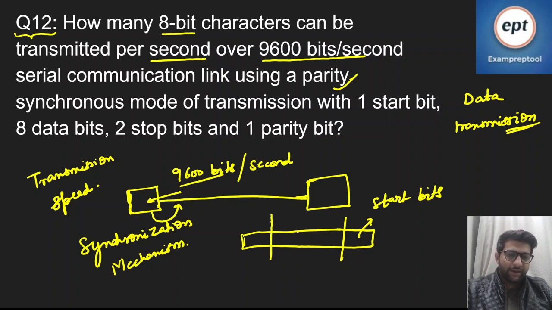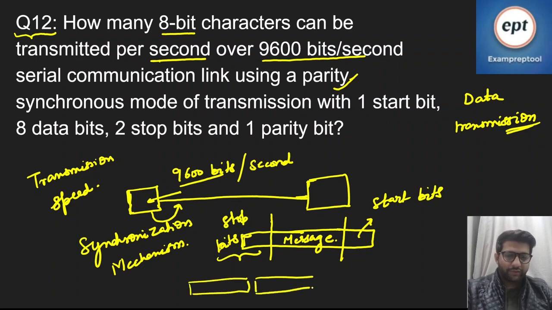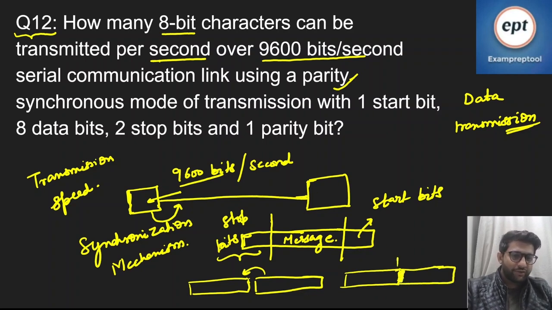After that there will be the message or the character, and after that there will be stop bits. Why stop bits? Because if we transmit two different messages, the receiving interface should be able to distinguish between them. If these two messages are sent one after another, there should be some mechanism for the receiving interface to know that this message ended here, and after that the second message has started.